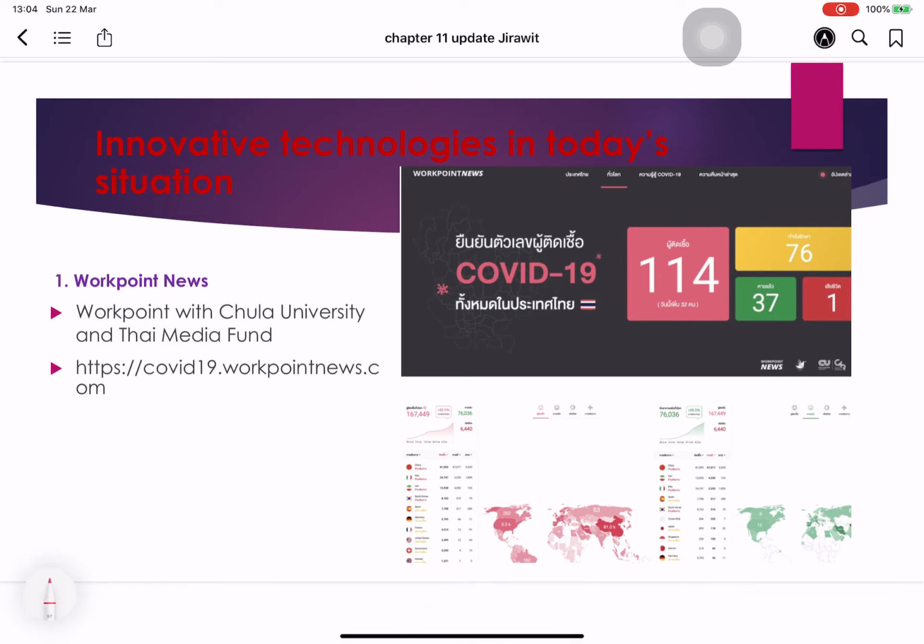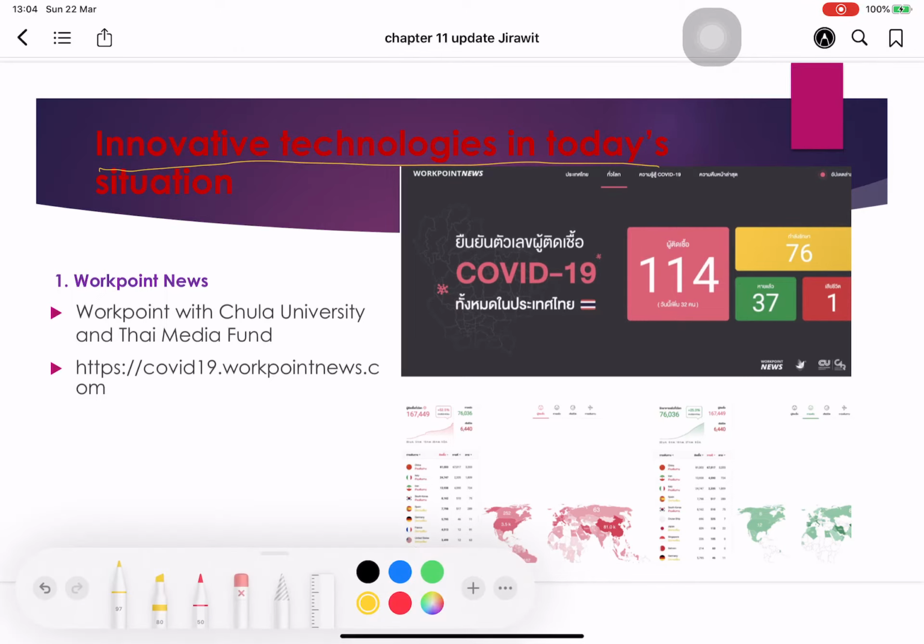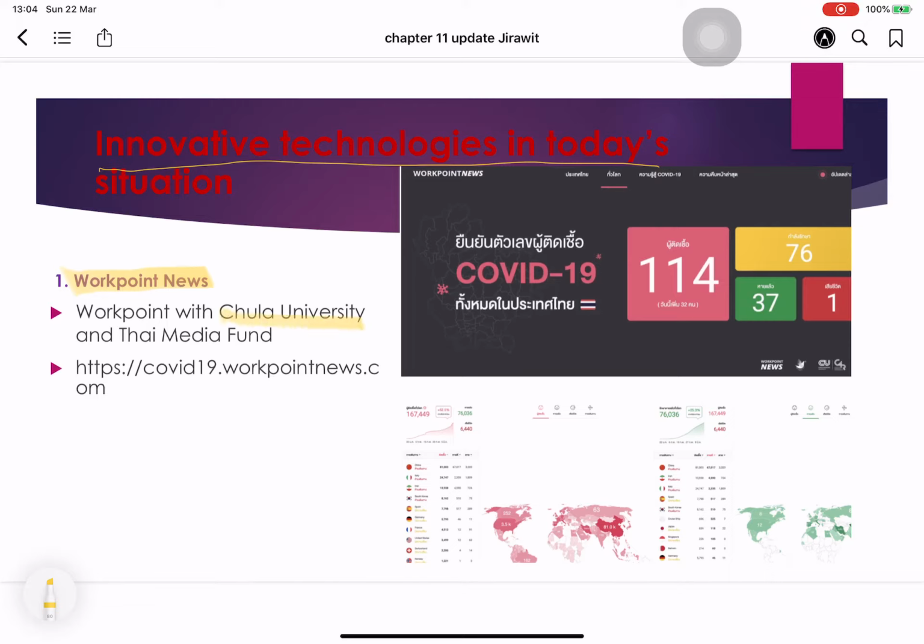This is about innovation technology today. Workpoint News works with Chulalongkorn University and the Thai Media Fund.